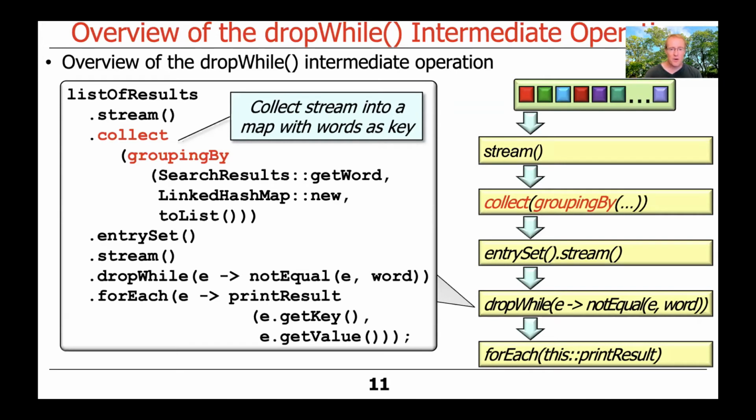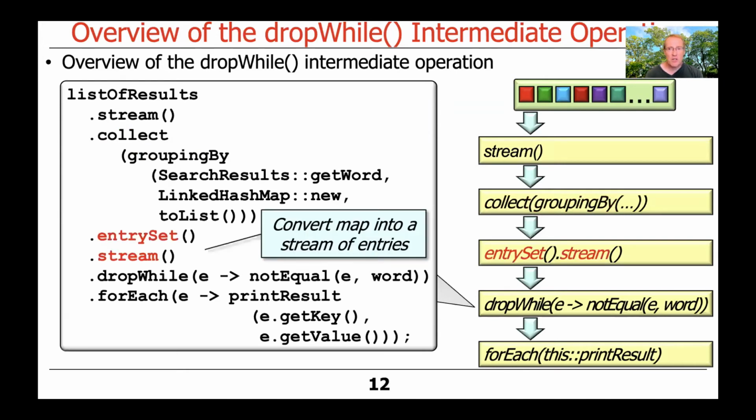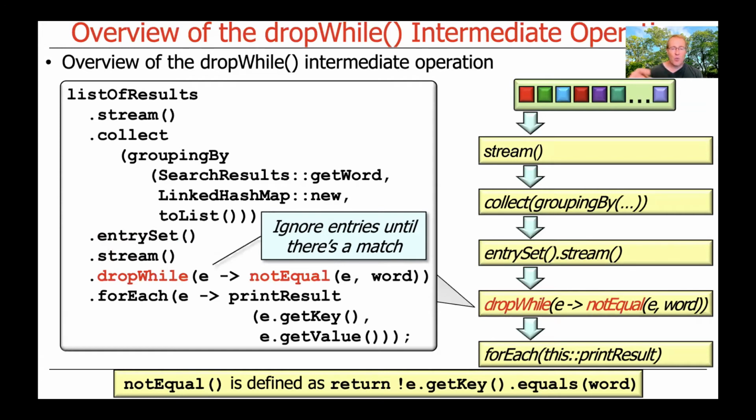the list of search results where the indices are for that particular word. And then we take that hash map and convert it into a stream of key value pairs where the key is the word and the value is the list of result objects to keep track of where the indices occurred. And then we walk through the stream, and what we're doing here is basically called a suffix search, or a suffix slice.